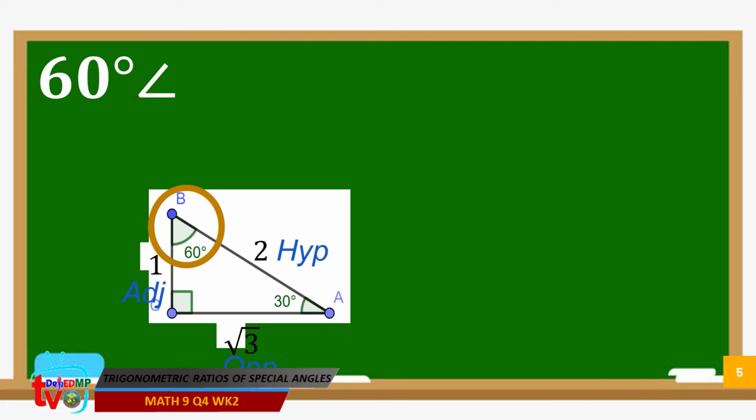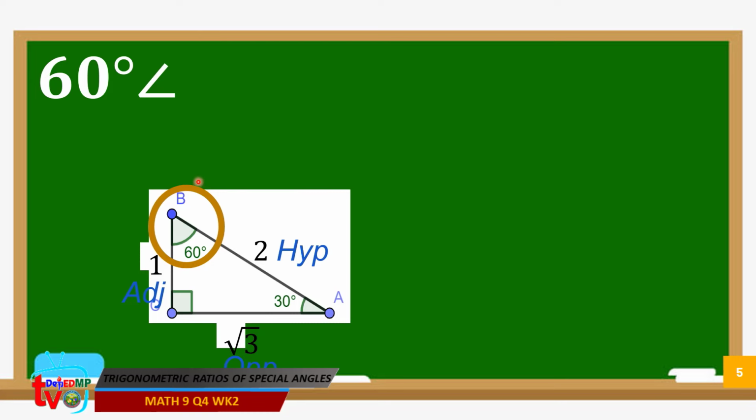Let us now solve for the trigonometric ratios of the last special angle, the 60-degree angle. Let us use the same triangle that we have used with the 30-degree angle.